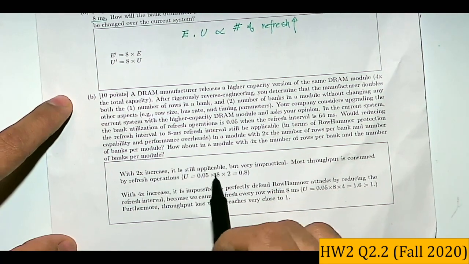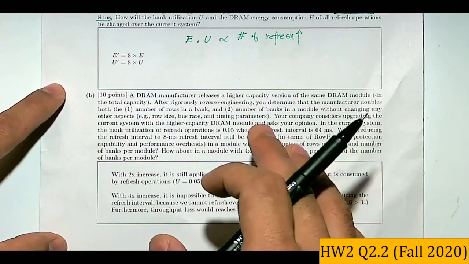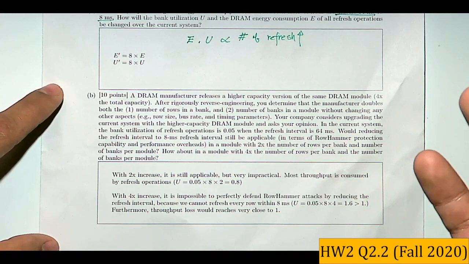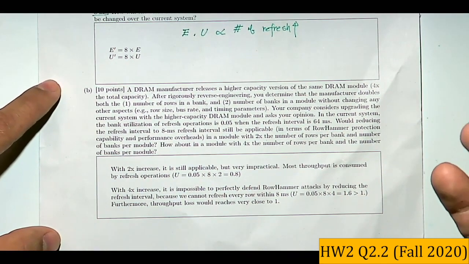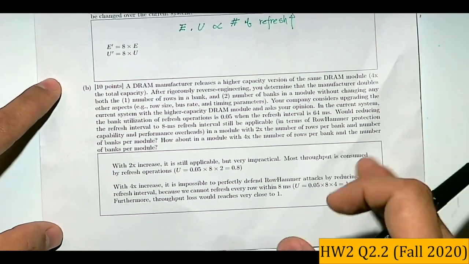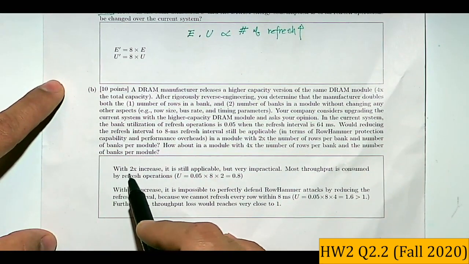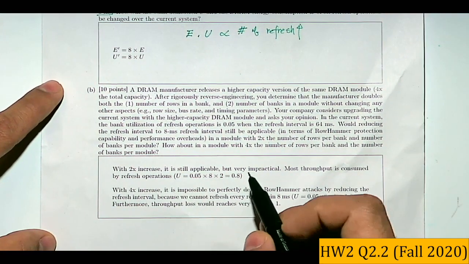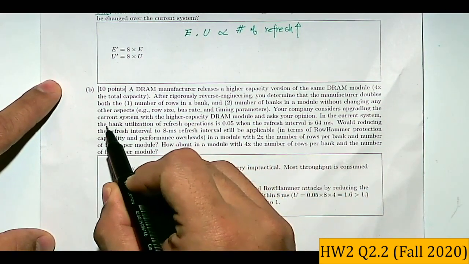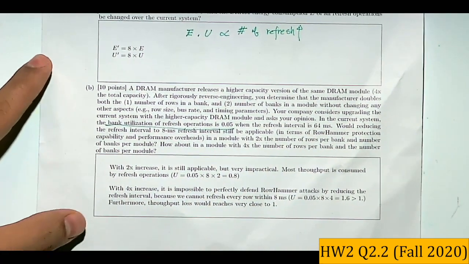we are asking how the bank utilization will increase along these changes, and how it should change if the number of banks and number of rows per bank increase 4 times. So with just a 2x increase, it is still applicable. The current bank utilization is 0.05%.